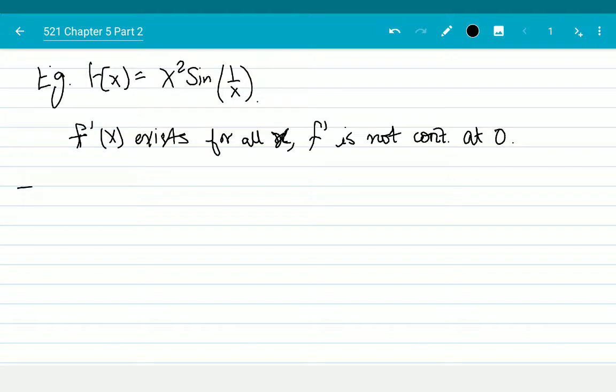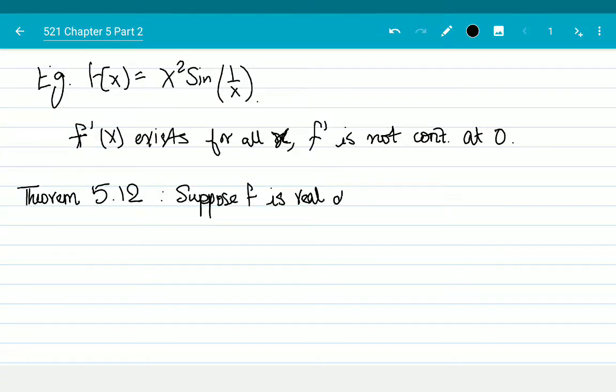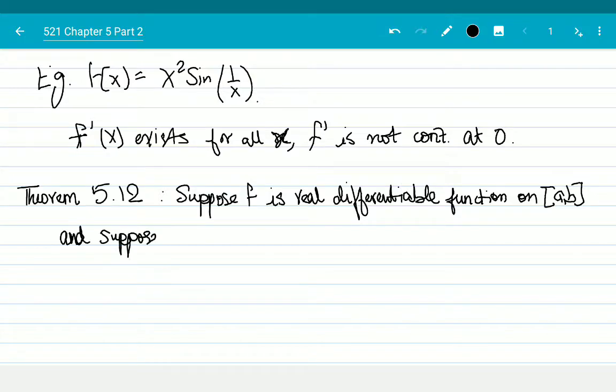Okay? So theorem 5.12. Suppose f is a real differentiable function on [a, b], and suppose f prime of a is smaller than lambda, smaller than f prime of b.